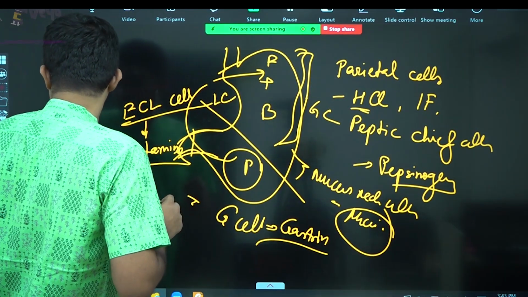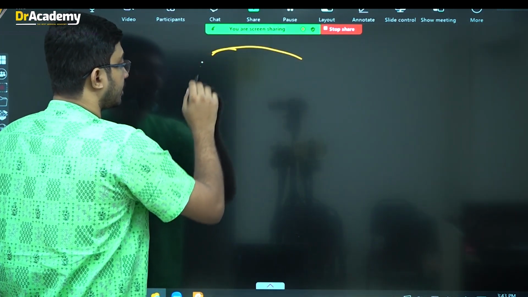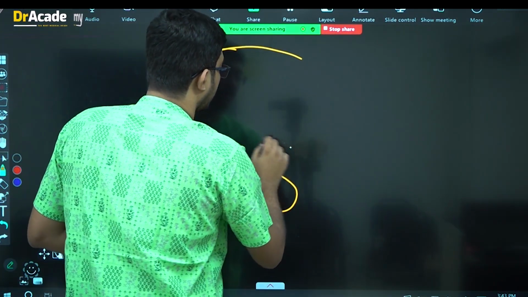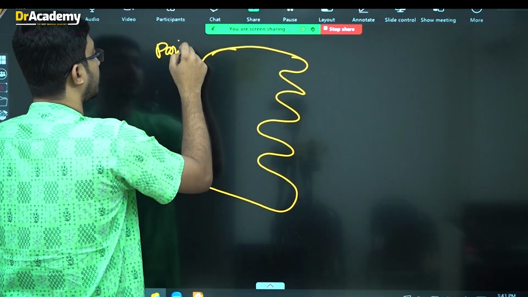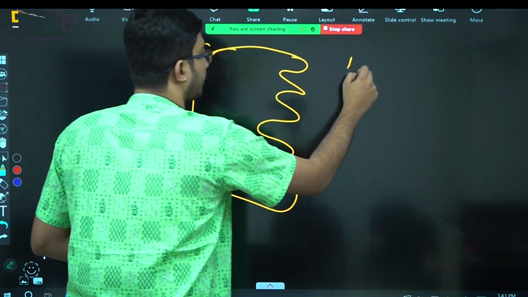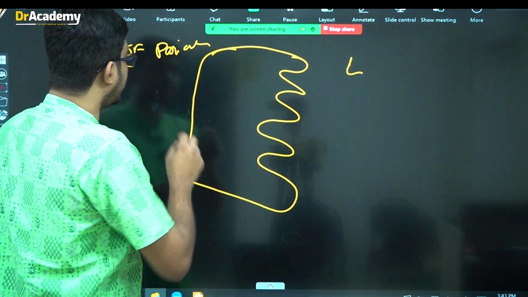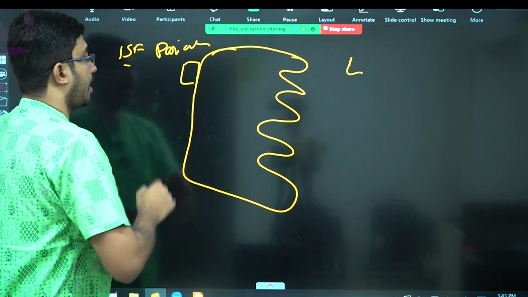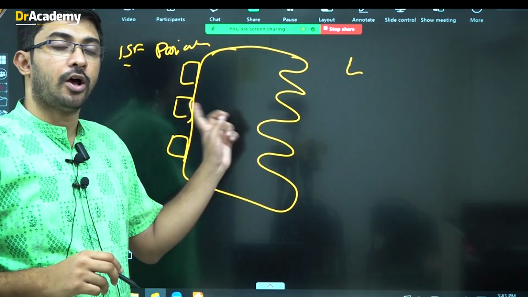Now, what do they do? If we think this one is the parietal cell, this is the luminal surface, and this is the interstitial fluid. Now, on this aspect facing the interstitial fluid, there are three receptors on the parietal cell.